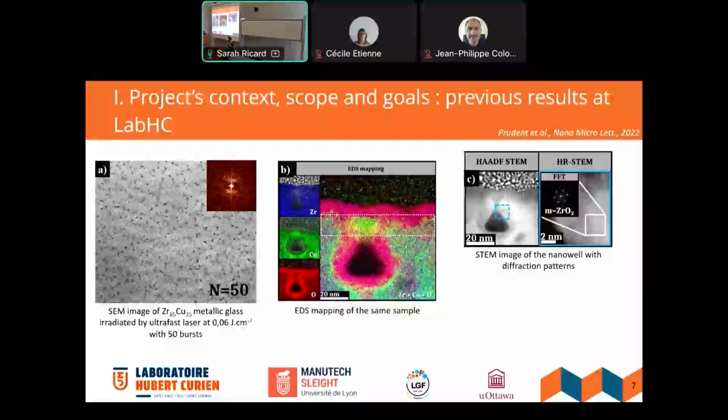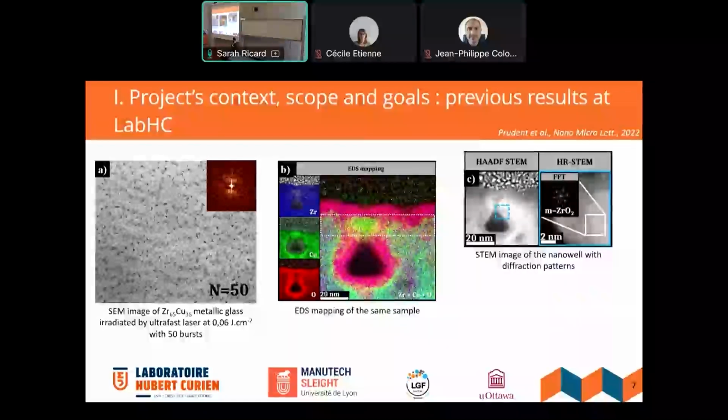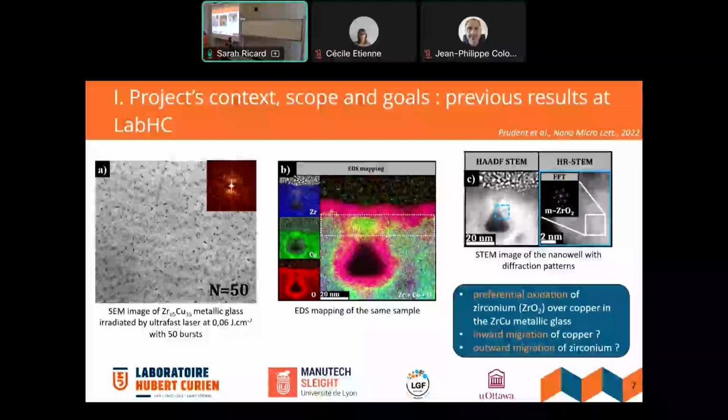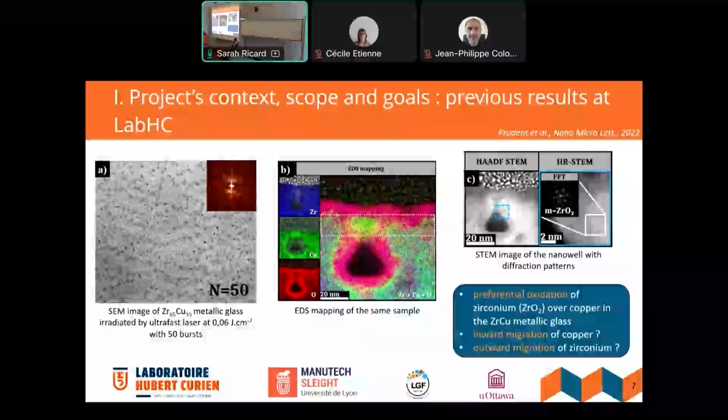So those nano wells, what's interesting is that normally you get an amorphous layer of zirconium and copper oxide on the surface, but after laser irradiation, you get a thick-ish, about 20 nanometers, zirconium oxide, crystallized in this case, with no copper. So you get a preferential oxidation of zirconium, which can either be explained by an inward migration of copper or an outward migration of zirconium.